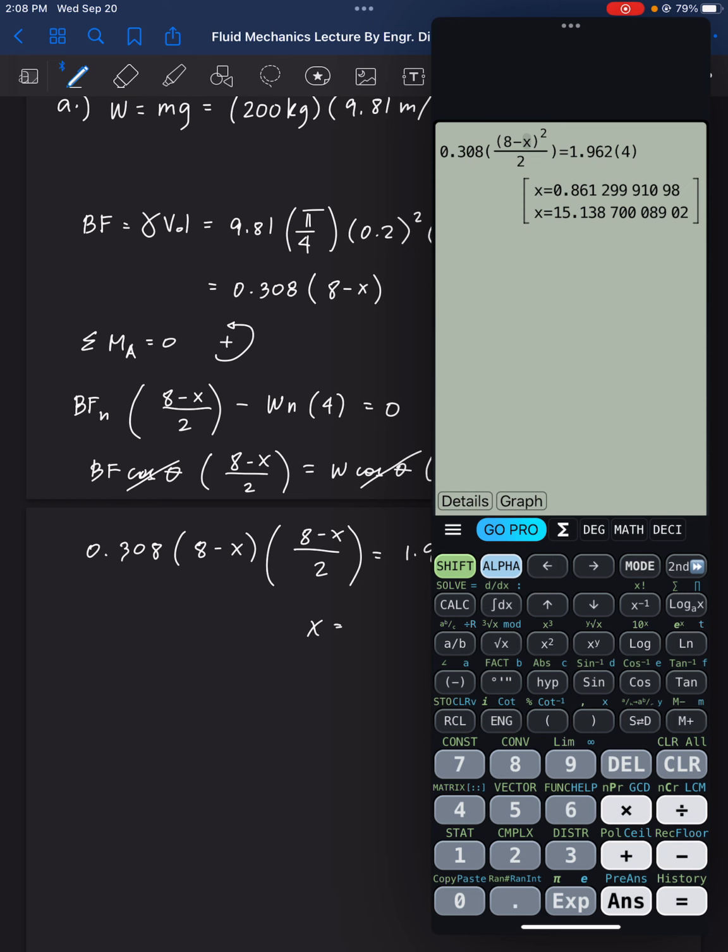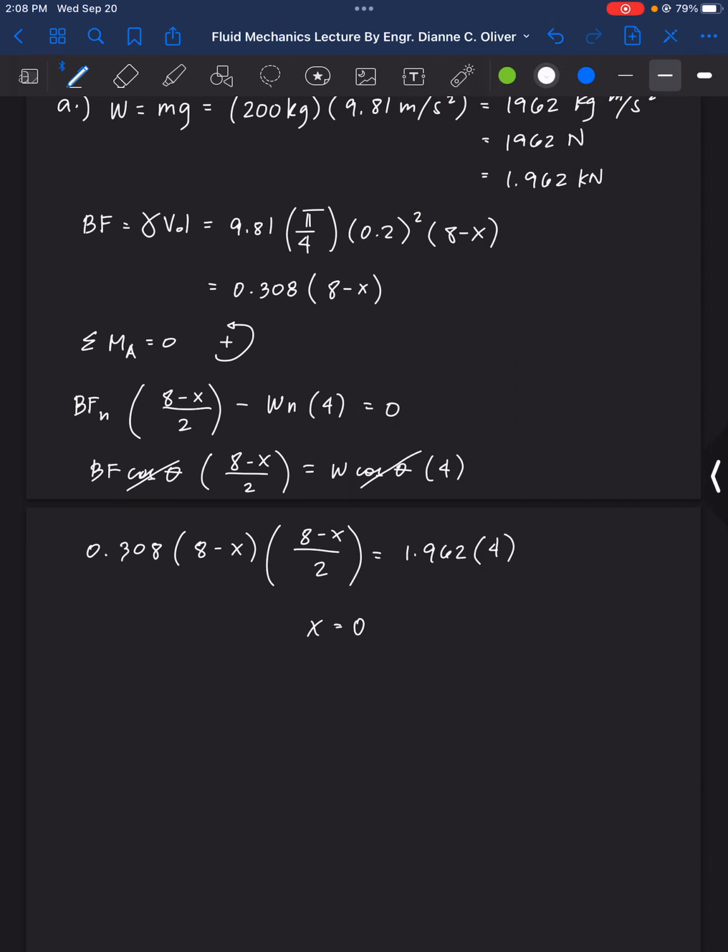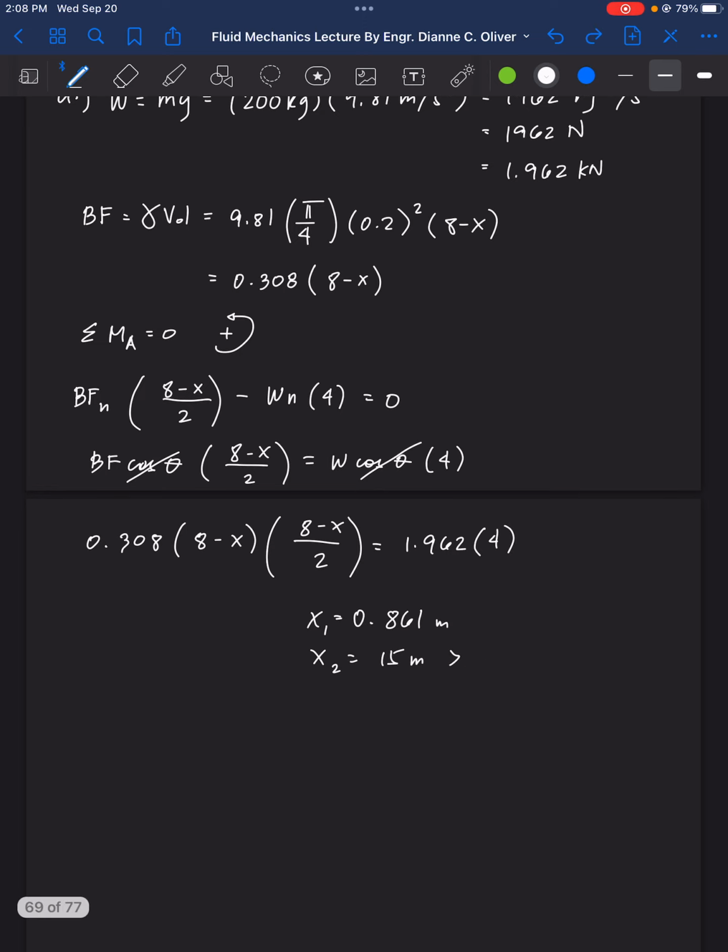Therefore, the answer here is 0.861. The 15 meters is greater than 8 meters and this is wrong. This is not the answer. Rather, the answer here is this one.